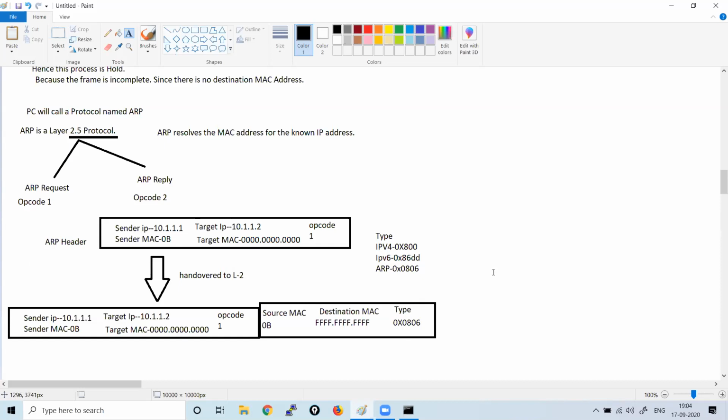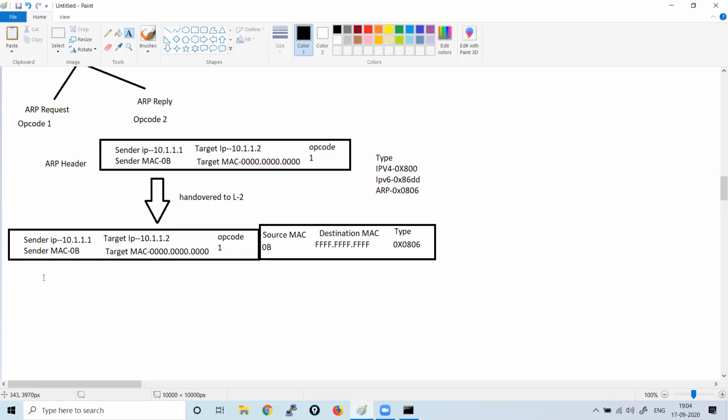Now, I have a doubt. Yeah, go ahead, please. The destination MAC was unknown earlier, when it was handed over to layer 2, right? It had to go through ARP. Instead of going to ARP, why can't it directly store the universal MAC address as the destination MAC address, like the FFFs?